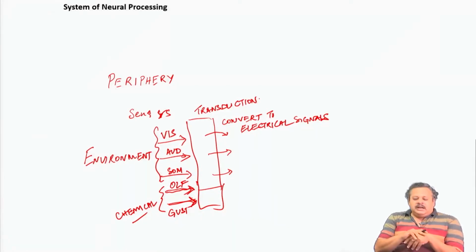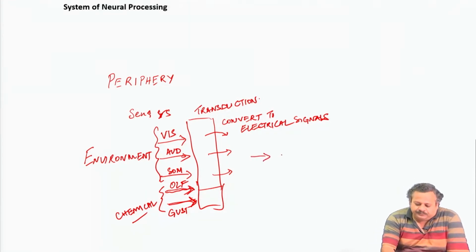So, as we were discussing, this is the first stage in the information processing pathway, where at the periphery the physical world or the chemical world outside is transduced, the events outside are transduced into electrical signals and converted into action potentials in some way, which are taken forward into the central nervous system.